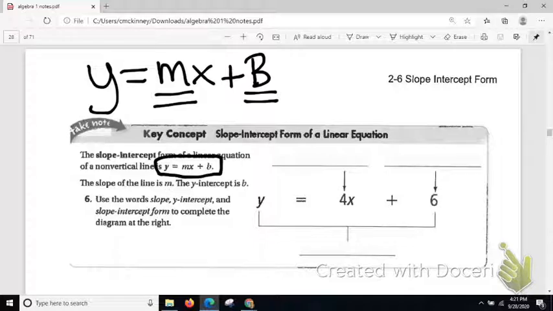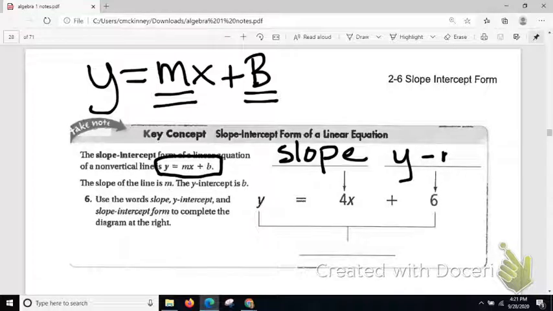The 4, the coefficient of the x, notice the y is by itself. The 4 is the m. That's the slope, so it's in that position where m is. The 6 is the b, and b is the y-intercept.